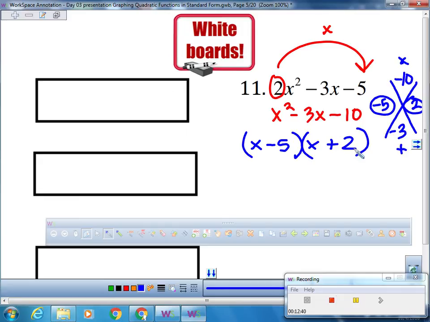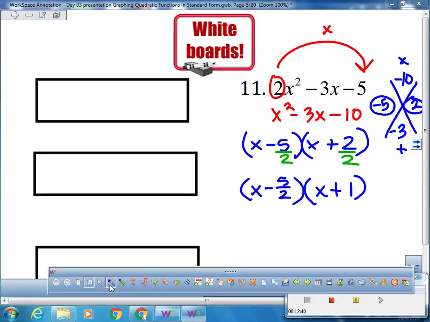So now in the very beginning I multiplied to get this bigger number. So now I have to divide. So I'm going to divide both of them by 2. I divide this by 2, it stays the same. So actually my 0 is 5 halves. And this one simplifies to 1. Some of you rather write it like this.